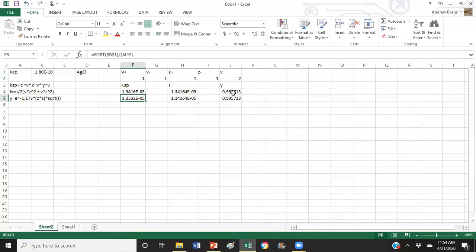Okay, so here's a problem. This whole thing needs to be, we divide our B1 by our gamma squared before we square root it. So that changes it.